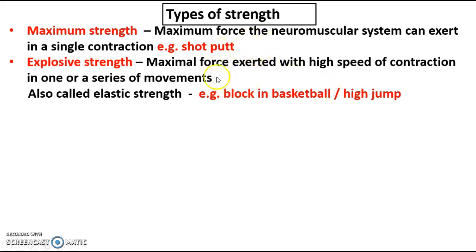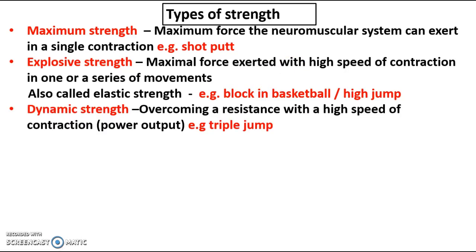So these, as you can see, are extremely high intensity movements: a single contraction for maximum strength, and then maximal force with a high speed of contraction in one or a series of movements. Now, the last type of strength that is massively linked to these high intensity movements is dynamic strength. This type of strength involves overcoming a resistance with a high speed of contraction.